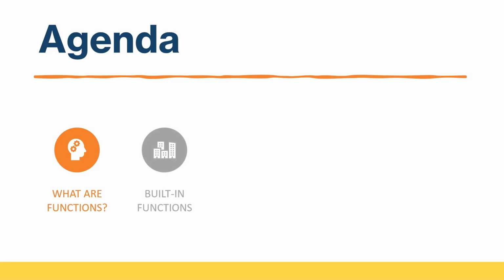So here's our agenda for the function portion of this playlist. In this video, we covered what functions are. We haven't seen code yet, but we will soon. Next, we'll go back to Jupyter Lab and look at the main two types of functions in Python. That's built-in functions and user-defined functions.